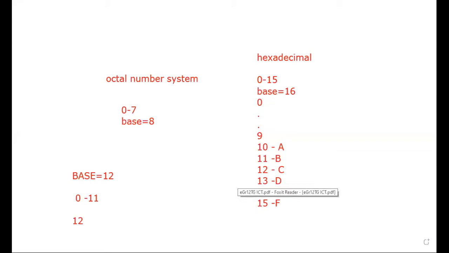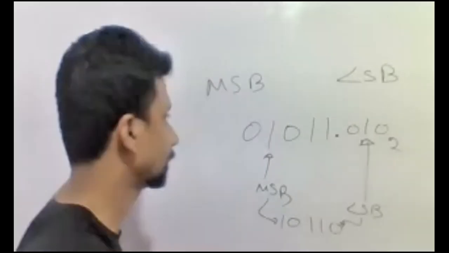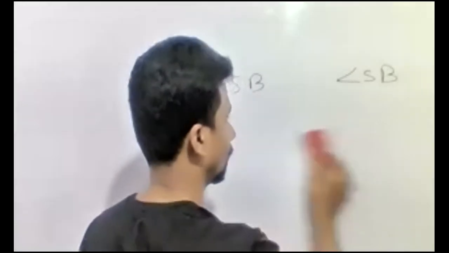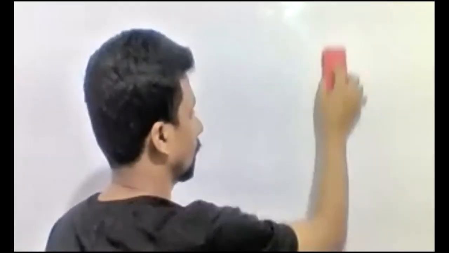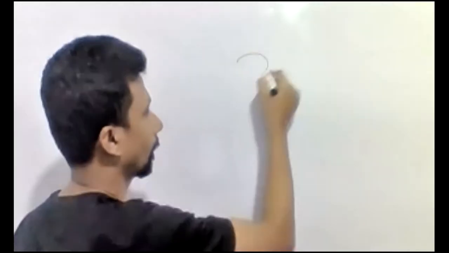There, write down. First one, decimal numbers to binary.